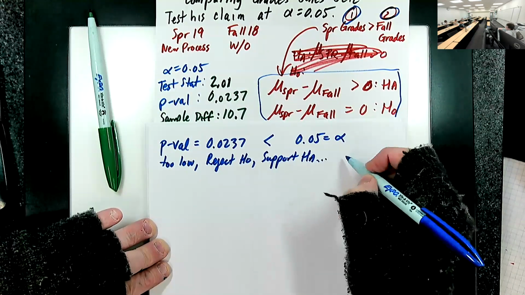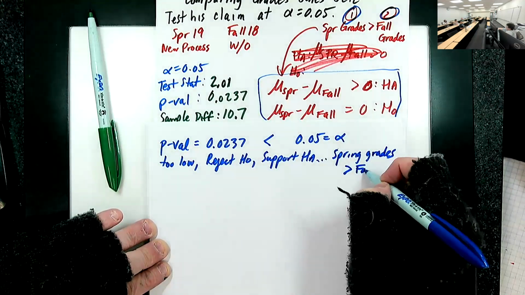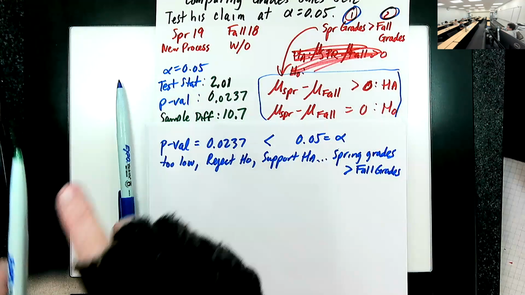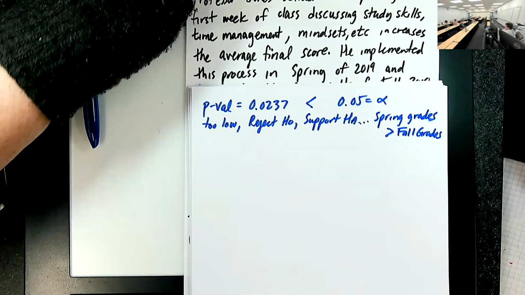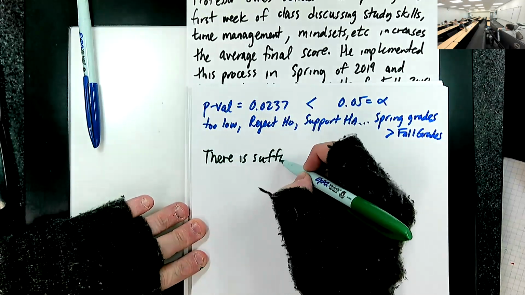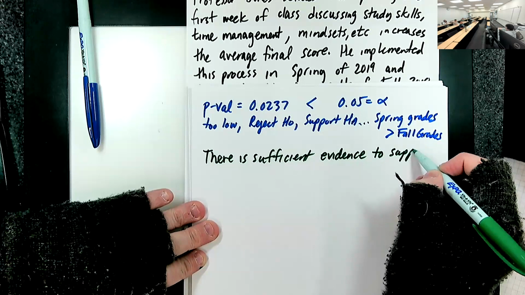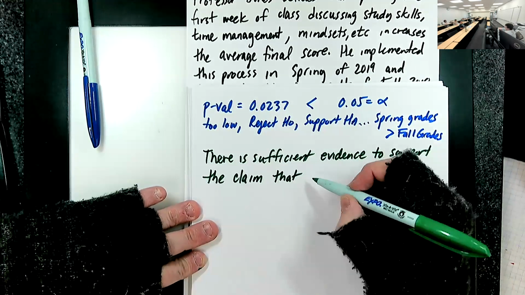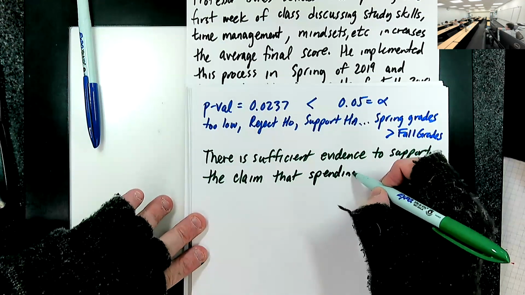And HA was spring grades were greater than fall grades. That's what we had up here. So when I'm writing the sentence, I'm going to come up here and hijack what Mr. Jones believed. There is sufficient evidence to support the claim that, and I can literally, if you want to copy down the whole thing, it's a lot of copying, but I'm going to do it because John Luca likes it.